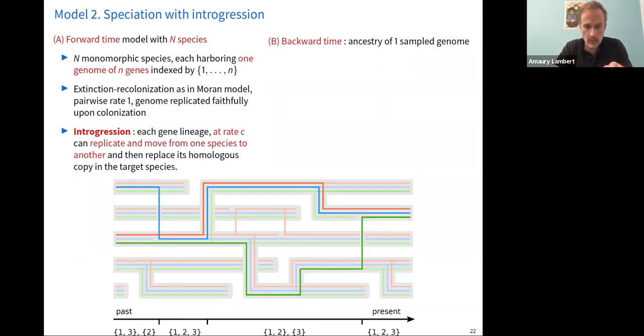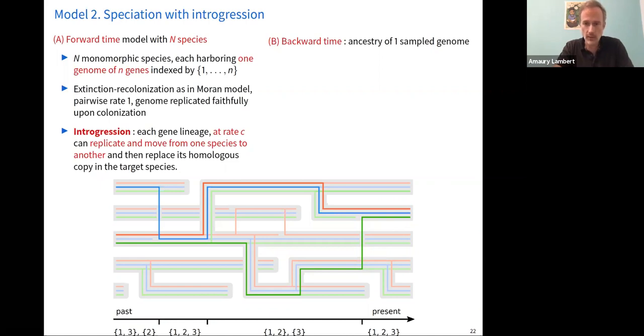As you can see, for the blue lineage on the left and for the green lineage on the right. So you see this lineage that decides to replicate and move into another species. That's meant to model gene flow between species.